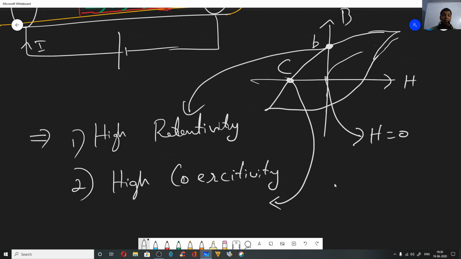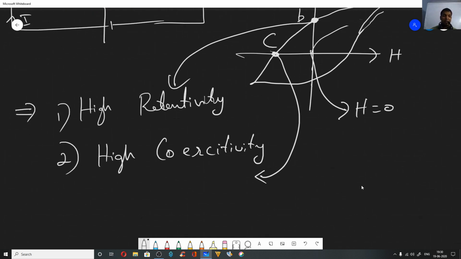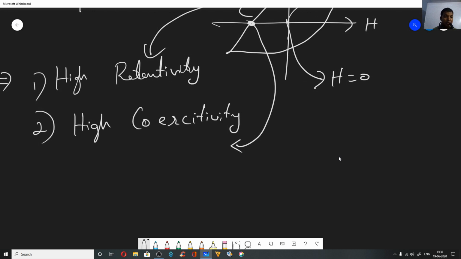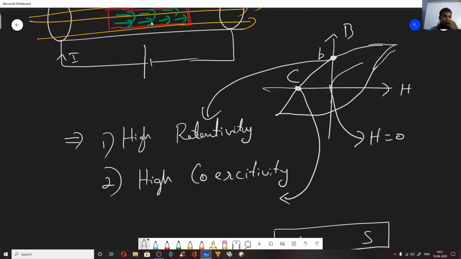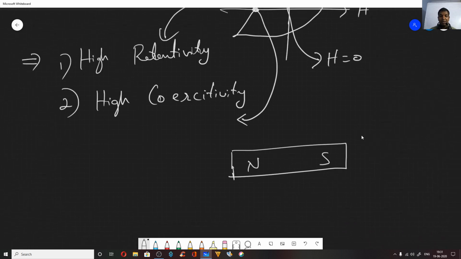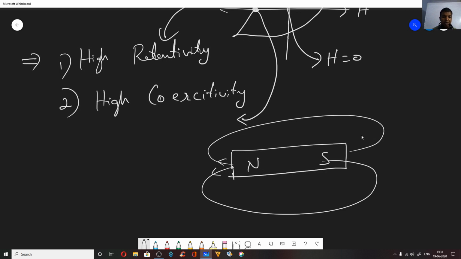Okay, now why it needs to have high coercivity, it's really simple. So when you keep this magnet, say this is the north and south pole of the magnet. Magnet is the same sample. Now it is behaving like a magnet. All right, now its magnetic field will be this way, correct? And if you notice the arrangement of dipoles, naturally it will be this way.